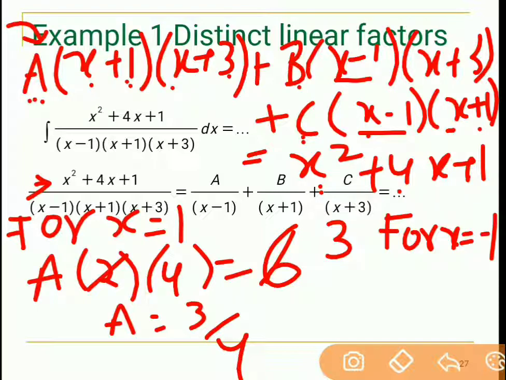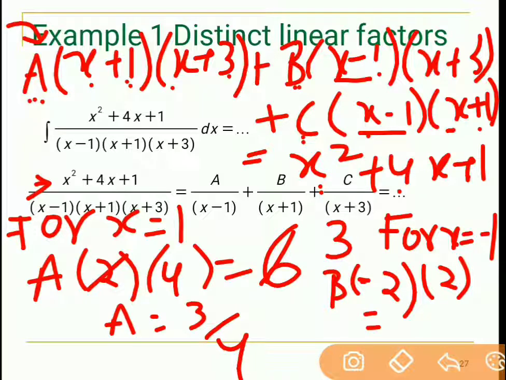Now if x is equal to minus 1, then B into (minus 1 minus 1), B into minus 2, and (x plus 3), minus 1 plus 3, is equal to plus 2. The right hand side is minus 1 square, which is 1, 1 minus 4 plus 1, so it will be equal to 2 minus 4, that is minus 2. So this minus 2 will get cancelled, and you will get B as 1 by 2. So you will get B is equal to 1 by 2.